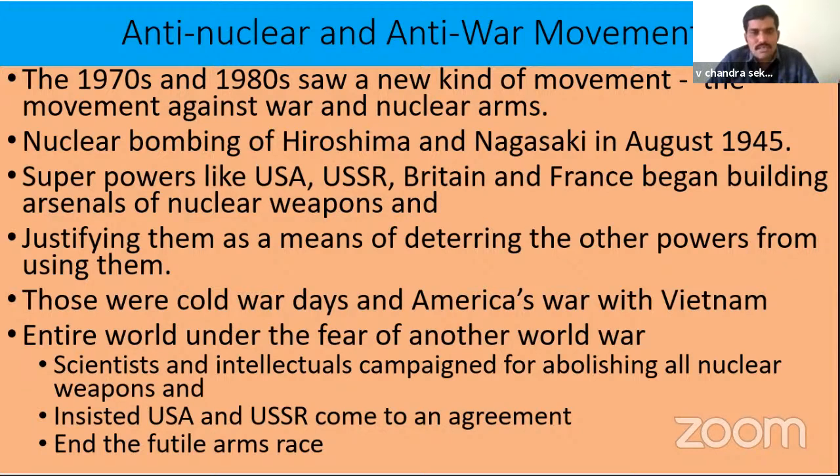At the same time, the superpowers like America, UK, France, and Russia started increasing their use of nuclear arms. Another reason for the anti-nuclear and anti-war movements is the nuclear bombing of Hiroshima and Nagasaki in August 1945 in the Second World War.